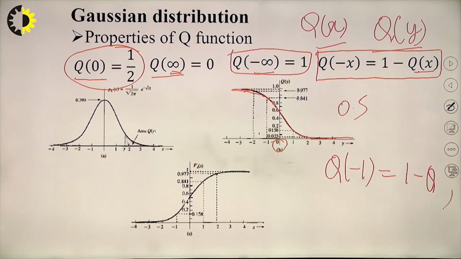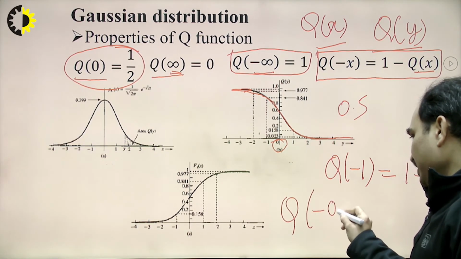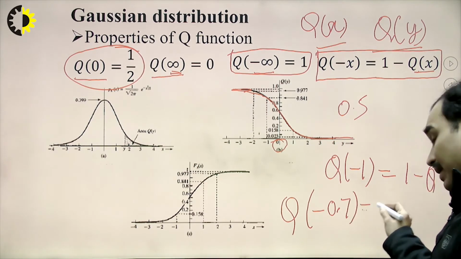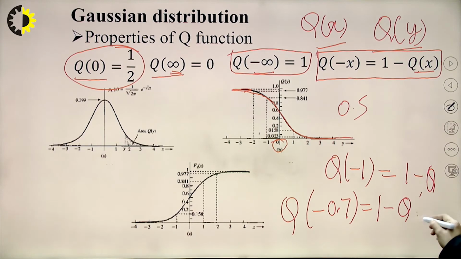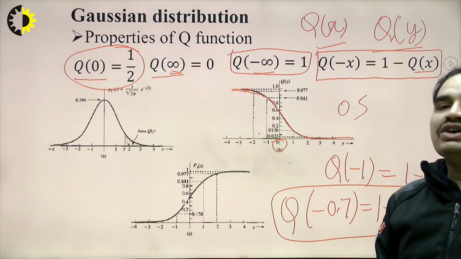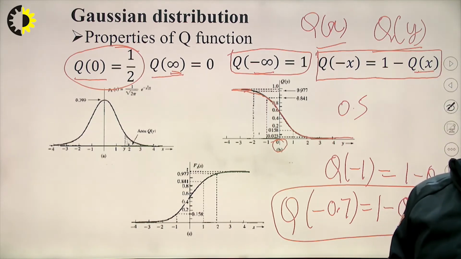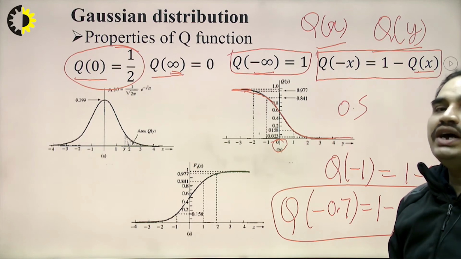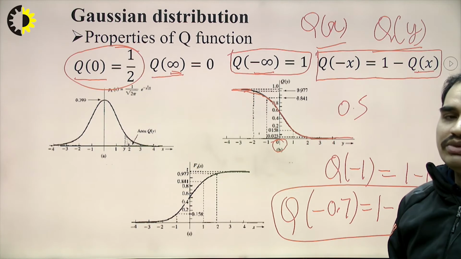Or if you have the negative value of 0.7, for example, you can write it as 1 minus the q function of 0.7. So if you have any value, negative or positive, you can use the same table of the q function, because in the table you will get the positive values, and if you want to find the negative values, you can refer to the same table by subtracting.